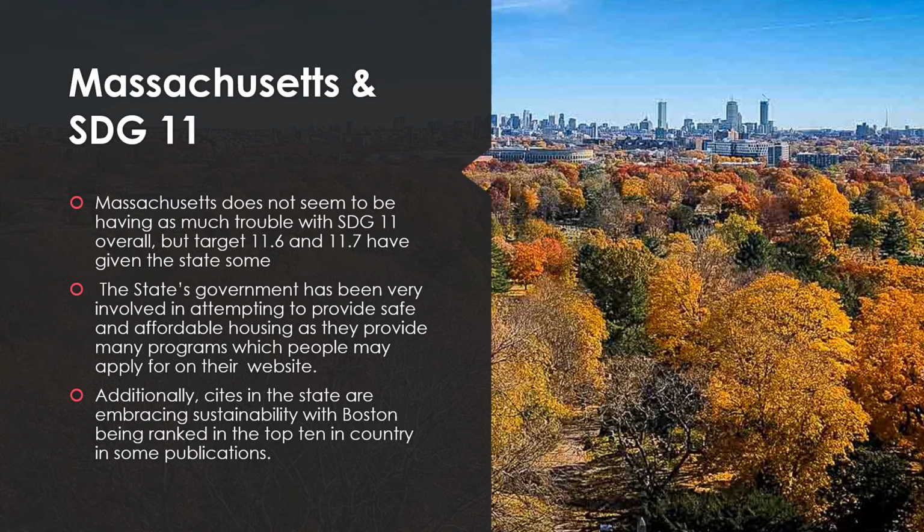And also the city of Boston, as it's stated, is embracing sustainability, ranking in the top 10 in some publications. And in the surrounding cities as well, Cambridge and Arlington around there, there's a lot of green, green space and places like that.